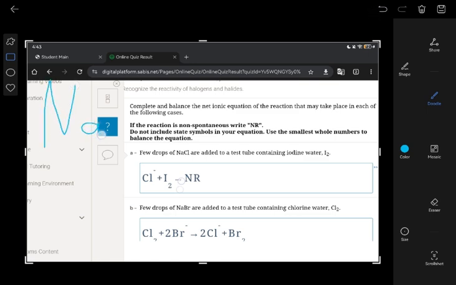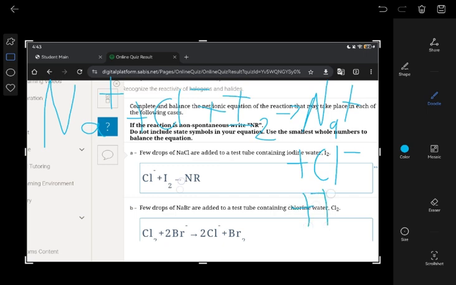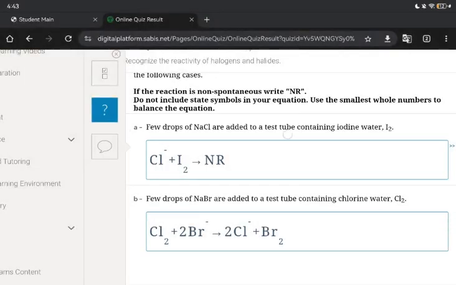It's gonna be Na+ Cl- plus I2 gives Na+ Cl- plus I2. Nothing happens, literally nothing happens. So it's basically just asking what would happen if you just put them together. Nothing would happen because it's not spontaneous.